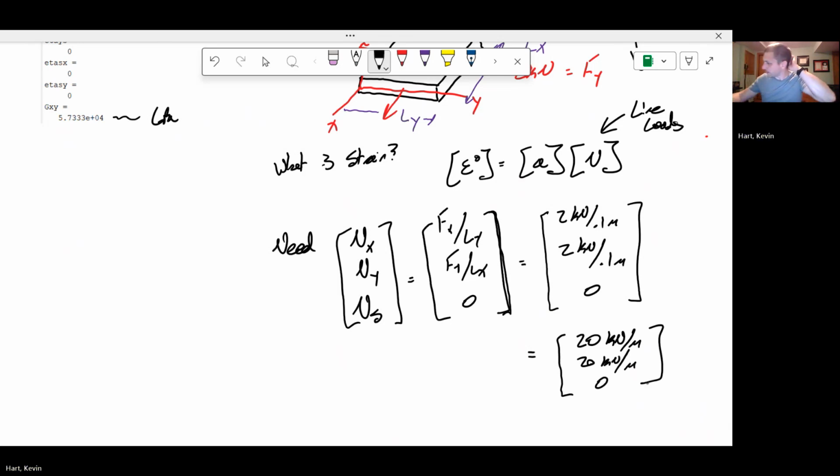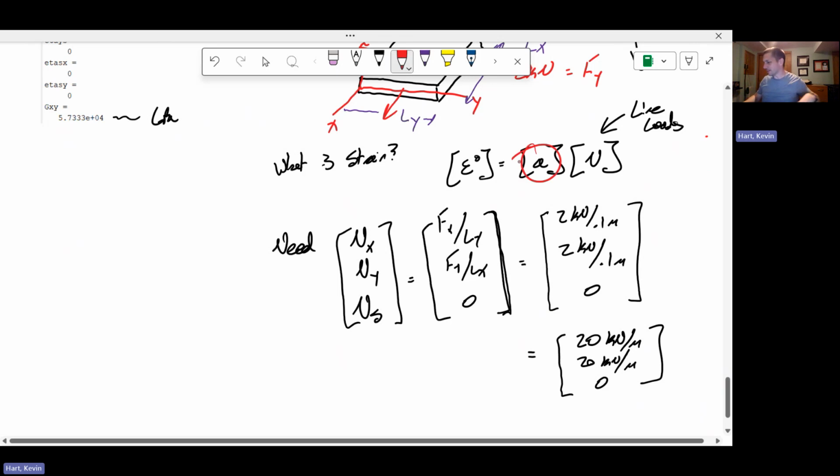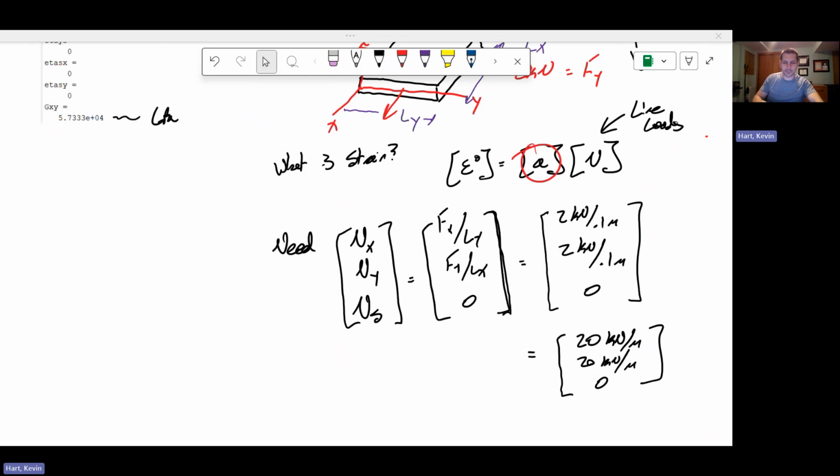With the A matrix, which we've already calculated, you can determine the strain. I'm just going to punch that into my MATLAB code really quick, and run it.